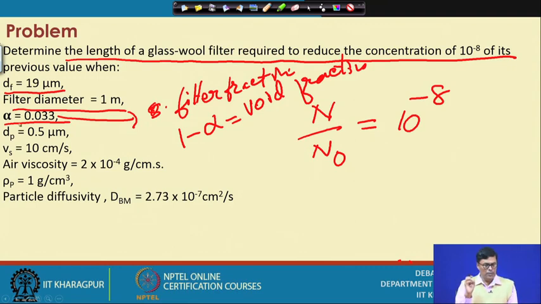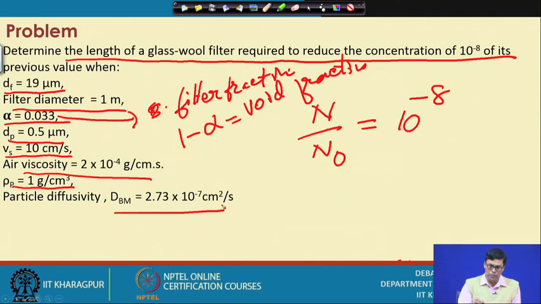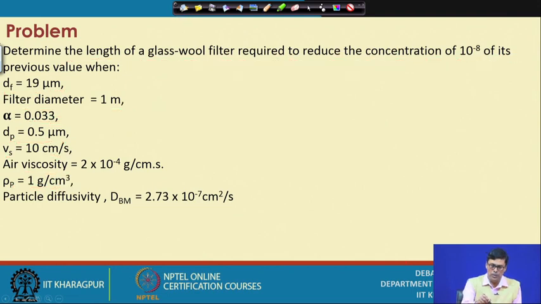Alpha is how much volume of the filter is occupied by the filter material. Then dp is 0.5 microns, superficial velocity 10 centimeter per second, air viscosity 2 into 10 to the power minus 4 gram per centimeter per second, particle density 1 gram per centimeter cubed, and diffusivity is 2.73 into 10 to the power minus 7 centimeter square per second.